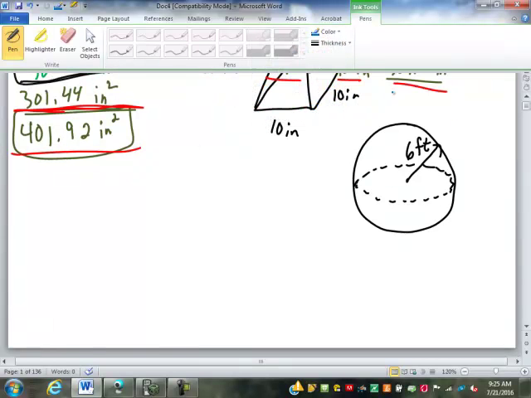So our sphere, remember for sphere volume, what's our formula for volume? 4/3 times pi times radius, which is 6, cubed.